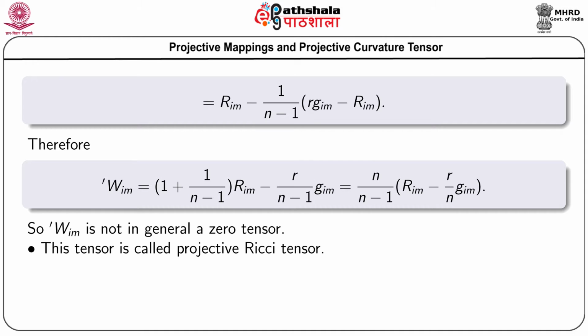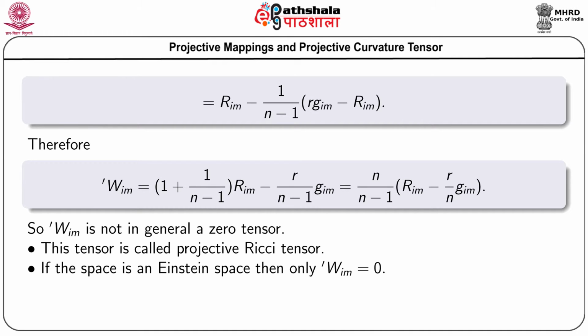This tensor is called projective Ricci tensor, and if the space is an Einstein space, then only this W'_{im} is equal to 0, because on the right hand side, in that case R_{im} will be equal to R/n g_{im}, and so W'_{im} will be equal to 0 for an Einstein space.